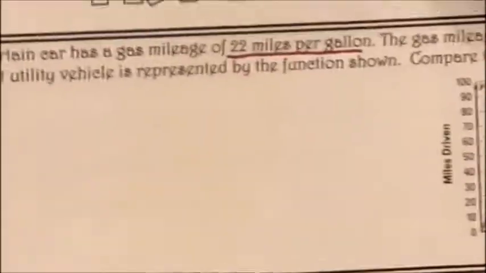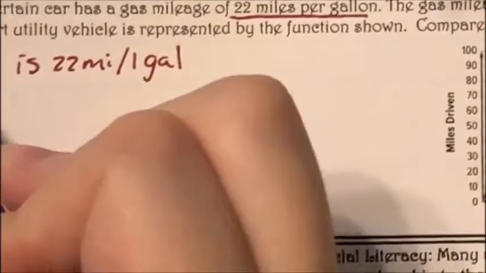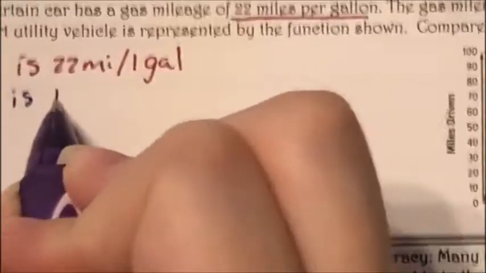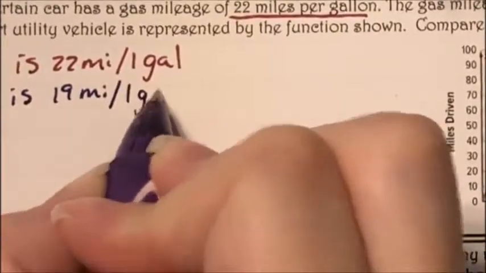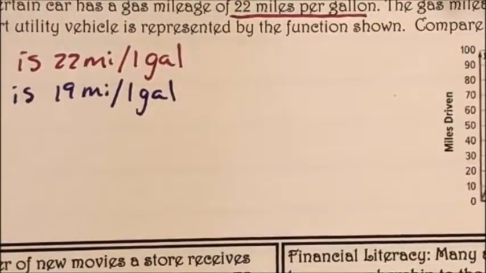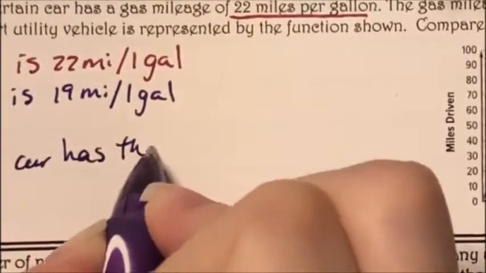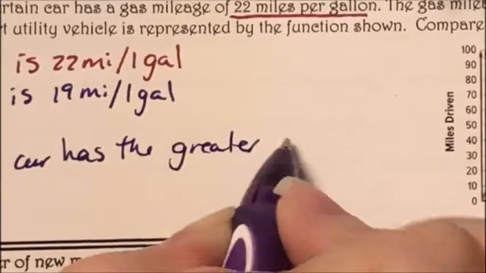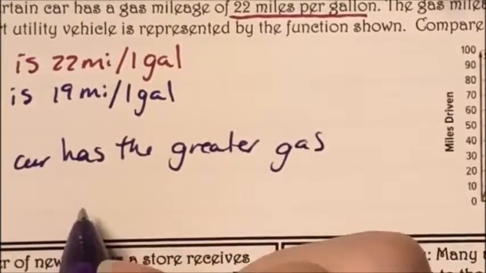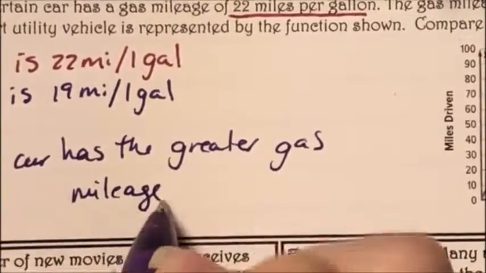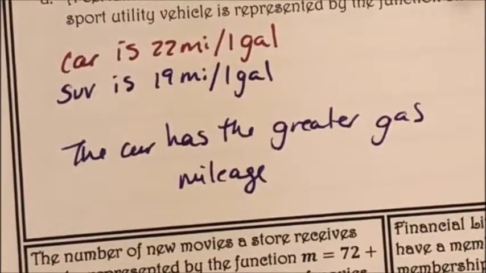So the car is 22 miles per gallon and the SUV is 19 miles per gallon. So the car has the greater gas mileage.